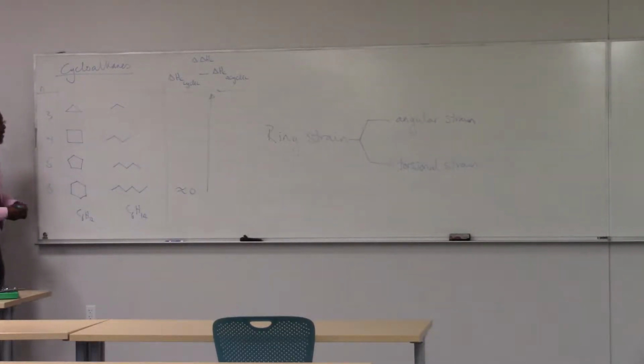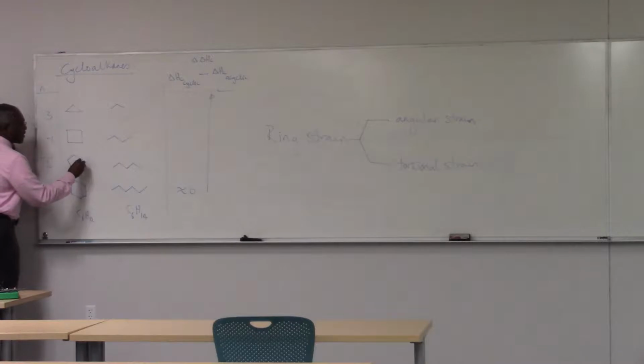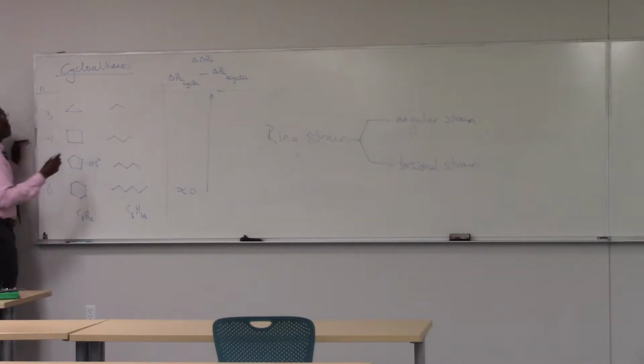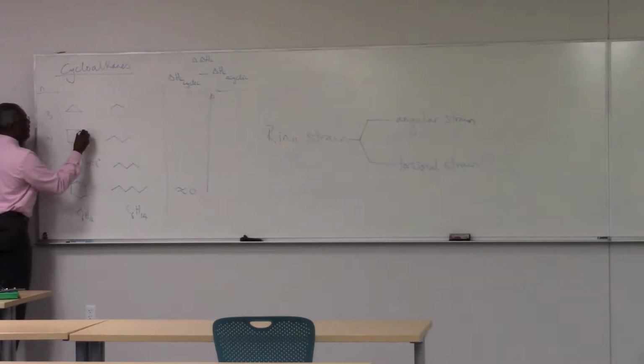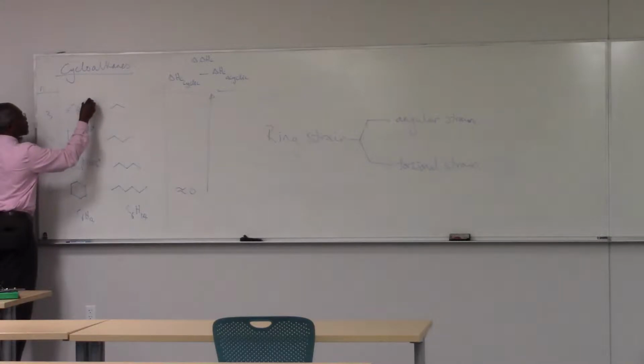Well, if I look at these, that's 109.5 in the cyclohexane, so that's not a problem. But here, that angle is 108 degrees. As I've written this as a square, which as we see in a second is not quite, that angle should be 90 degrees. As I've written this as a triangle, this angle should be 60 degrees.